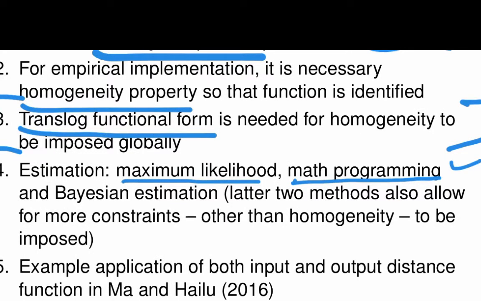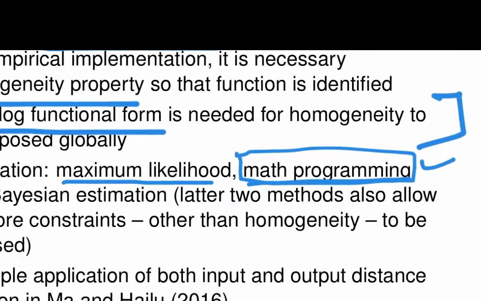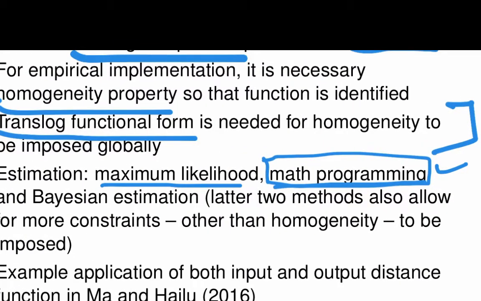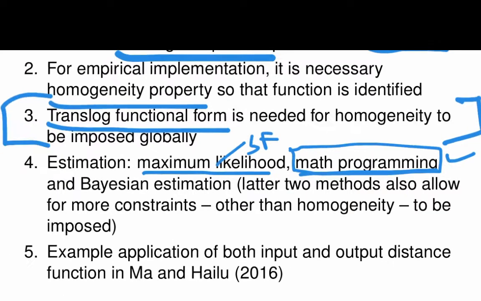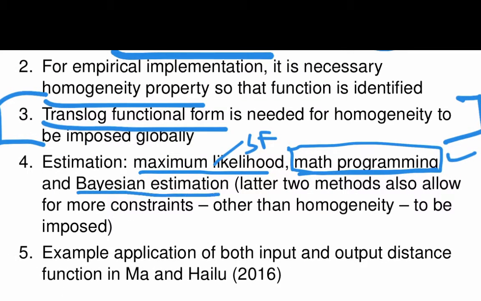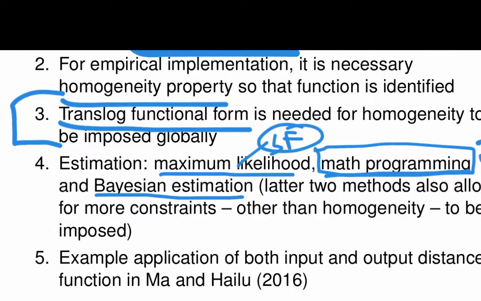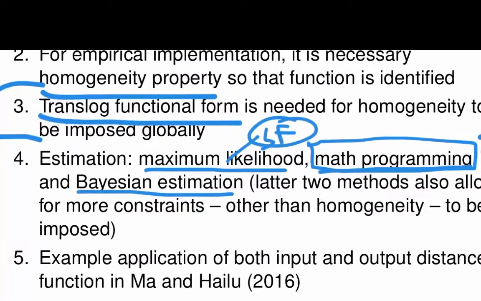When they are estimated using mathematical programming, they are estimated without allowing for noise, so that means as deterministic frontiers. But if maximum likelihood is used, then they can be estimated as stochastic frontiers. Bayesian methods can go a bit further because they can be used to estimate the stochastic frontiers, but also by imposing monotonicity and other properties of the function much more easily than could be done with maximum likelihood. So we have different ways of estimating them.